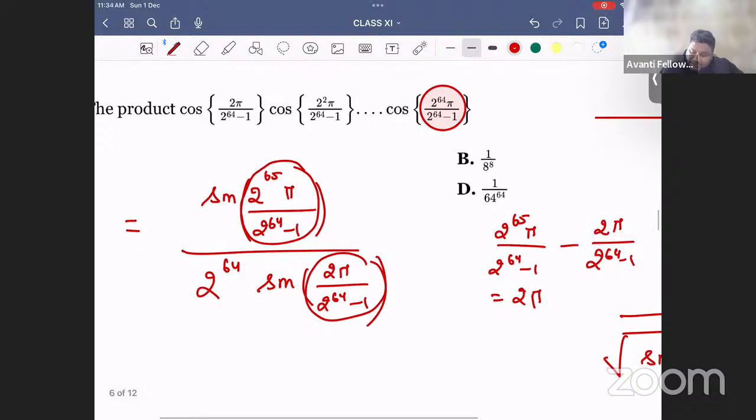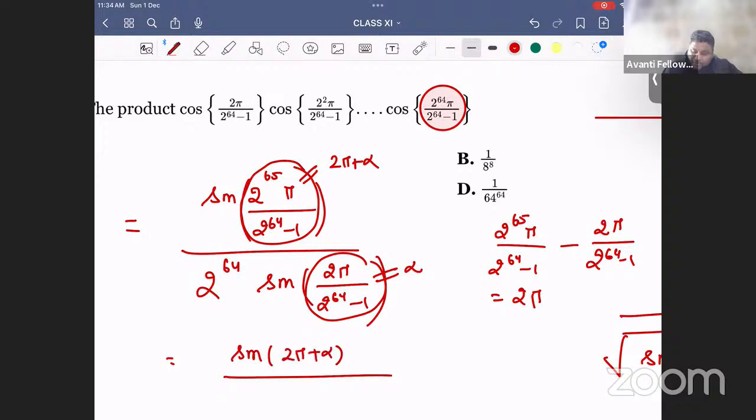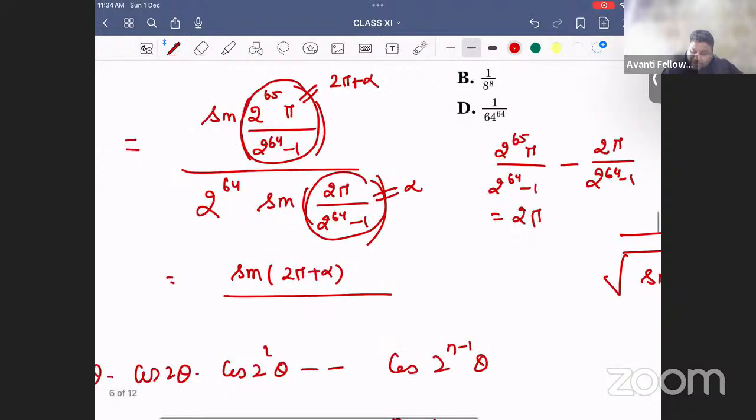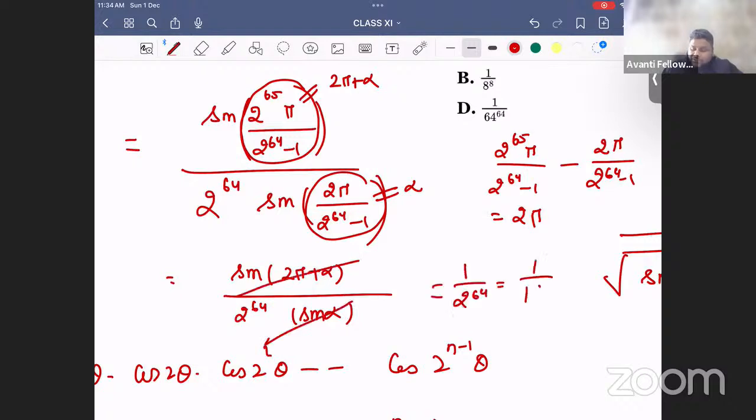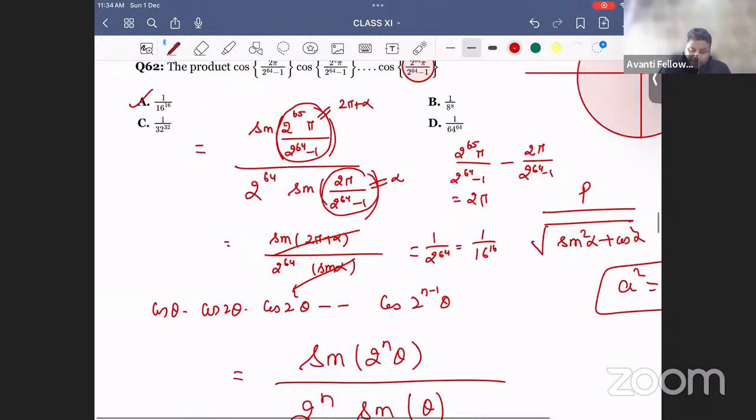That means if I consider this angle as alpha, then this angle is 2 pi plus alpha. So you get sine 2 pi plus alpha upon 2 to the power 64 into sine alpha. They are cancelled. So 1 upon 2 to the power 64. So 1 upon 16 to the power 16 is the answer. Got it?